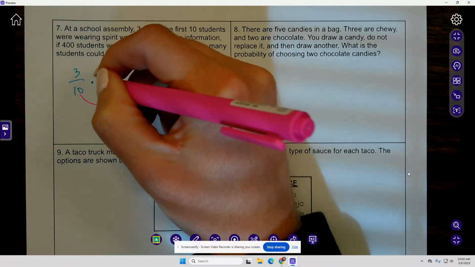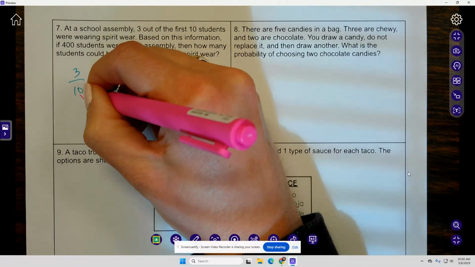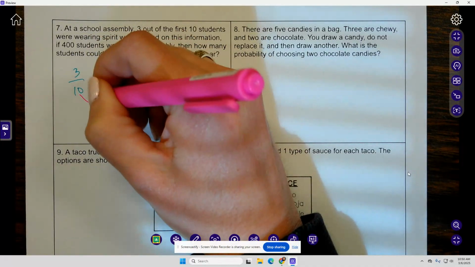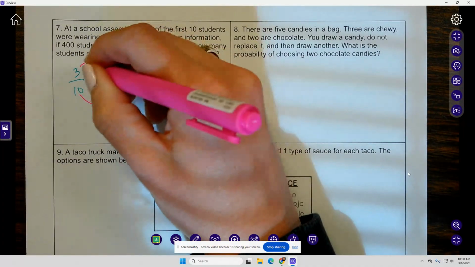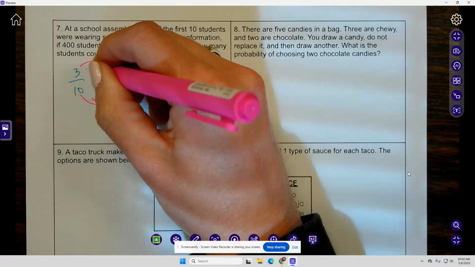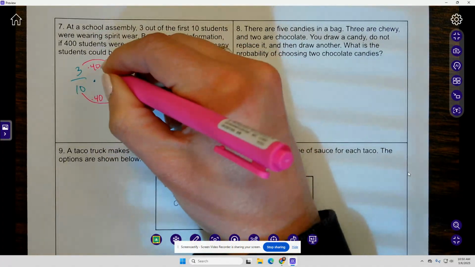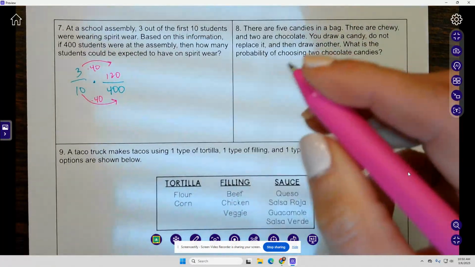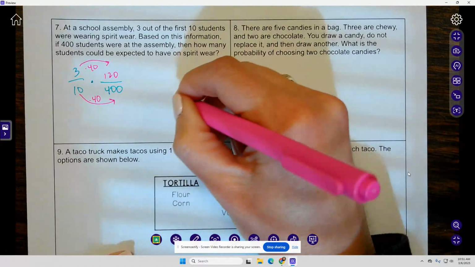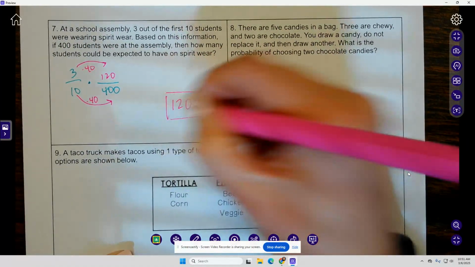I can do 10 times 40. Whatever I do on the bottom, I have to do to the top. So 3 times 4 is 12, and then I add that 0. So the number of students expected to have on spirit wear is 120.